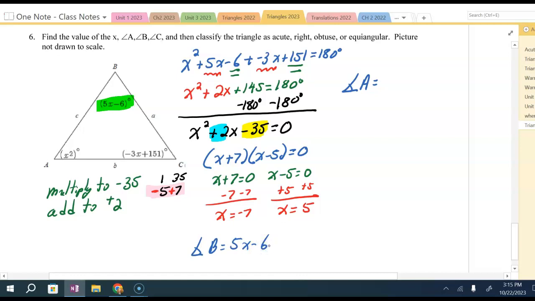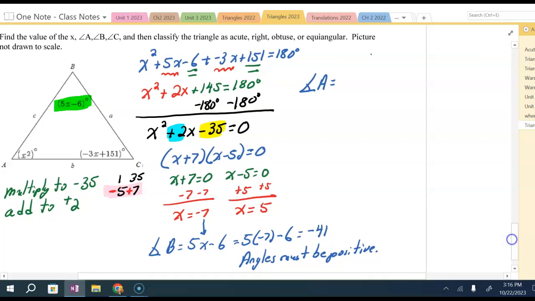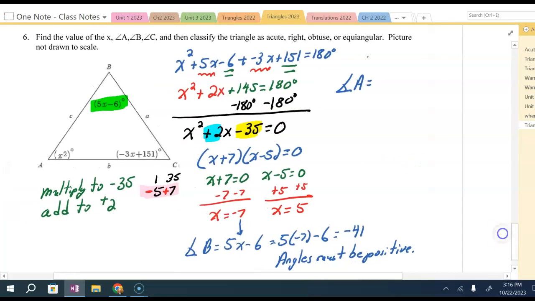If we were to plug in negative 7 for x, 5 times negative 7 minus 6, we're going to get negative 41. But angles cannot be negative, so angles must be positive. So the only answer for x that makes sense in this particular problem is x is 5.